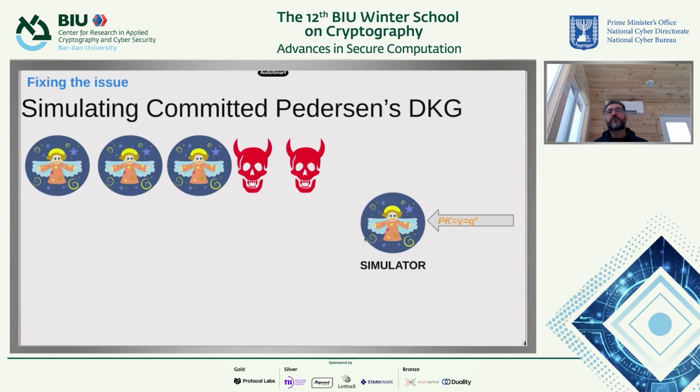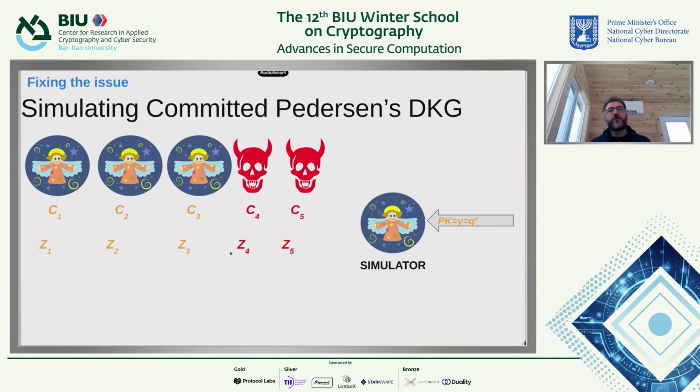And now let's see that this simulation actually will work. So the first step, the simulator receives Y. The first step is they all commit to everything. At this point, the simulator can commit to whatever he wants because it's a semantically secure commitment, so there's no problem. Then they all open, and this thing is not going to match Y, okay?